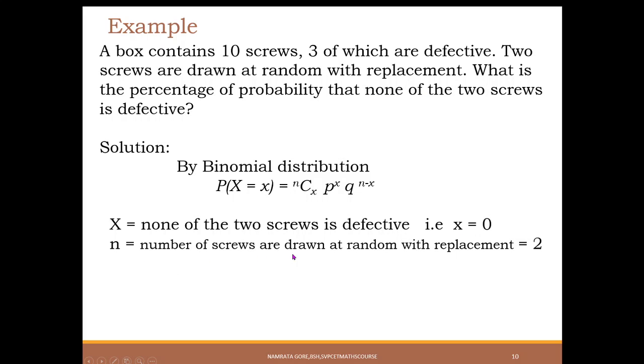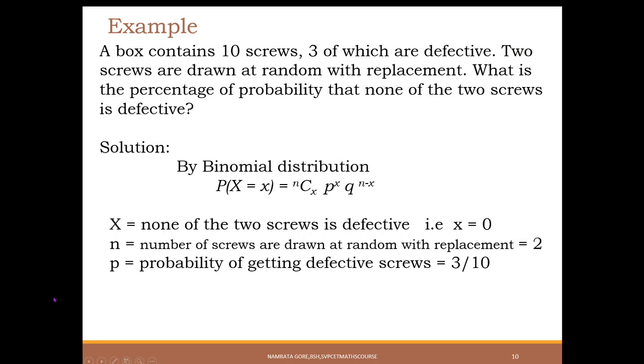Then the screws are drawn at random with replacement. How many are drawn? So these are 2. Out of 2, none should be defective. P is the probability of getting defective screws. So out of 10, we can say 3 are defective. So 3 out of 10 is the probability of success of getting defective screws.